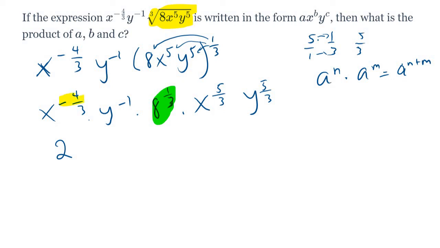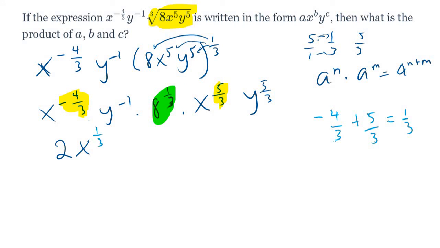We're going to add this for x to replace that with 1x. Okay, just one base. So we're going to have x with a base, but we're going to add negative 4/3 plus 5/3. This is easy. This is the same denominator. We just add the numerators together. It's just 1/3. So x to 1/3.